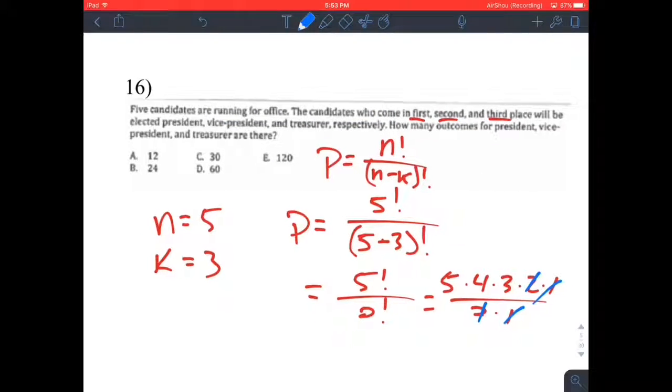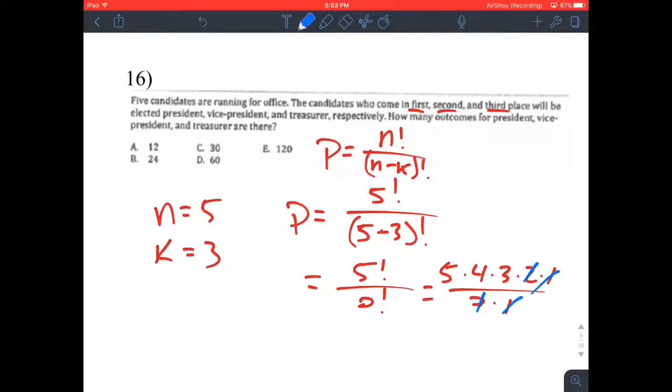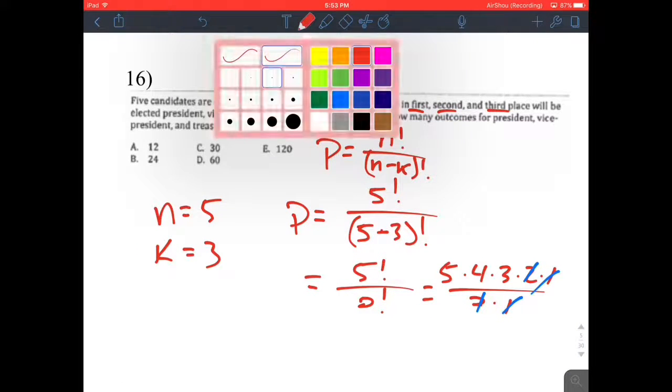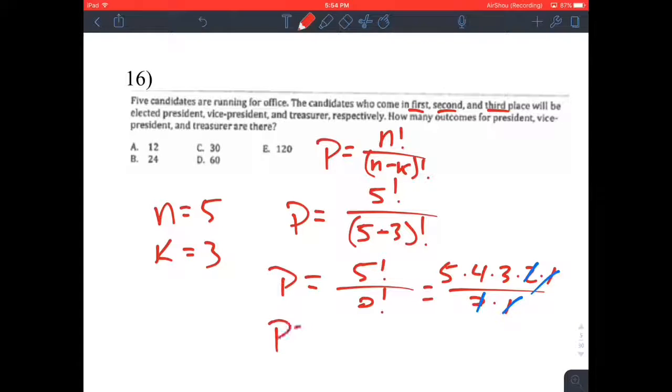So you have 5 times 4 times 3. That's 20 times 3, that's 60. So the answer is 60. There's 60 different outcomes for these 5 different people running for president, vice president, and treasurer.